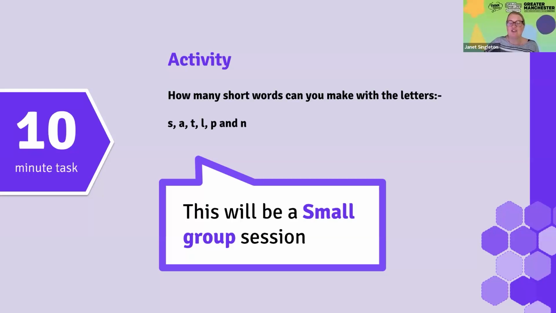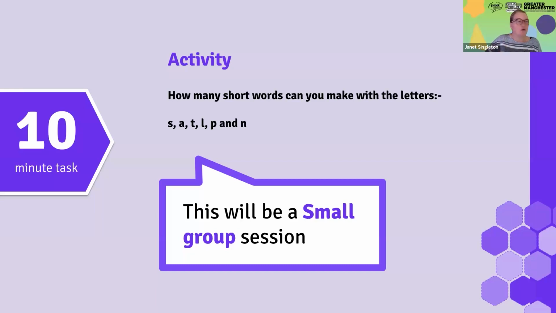Okay, so second activity. So same sort of thing. But again, for this activity, you can only use these letters that are now on the screen. So you've got S, A, T, L, P, and N. So again, they're the only letters you can use in your group. You can use them more than once if you want to, I'll let you.